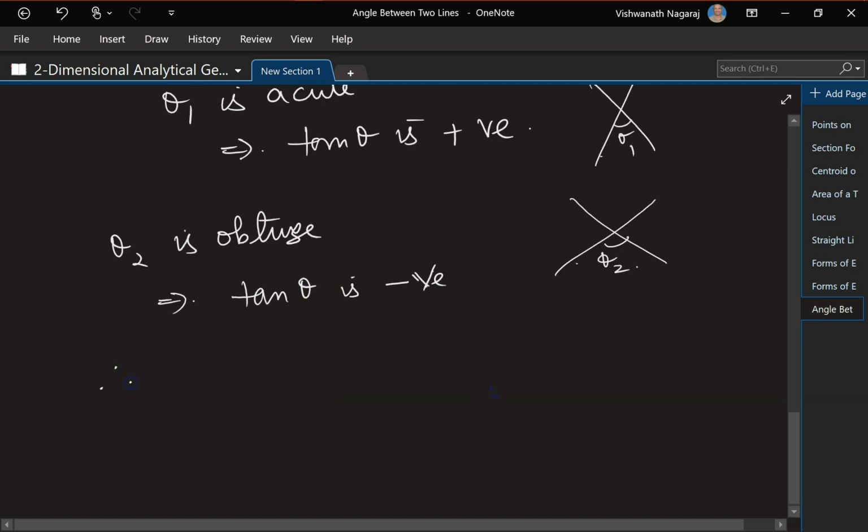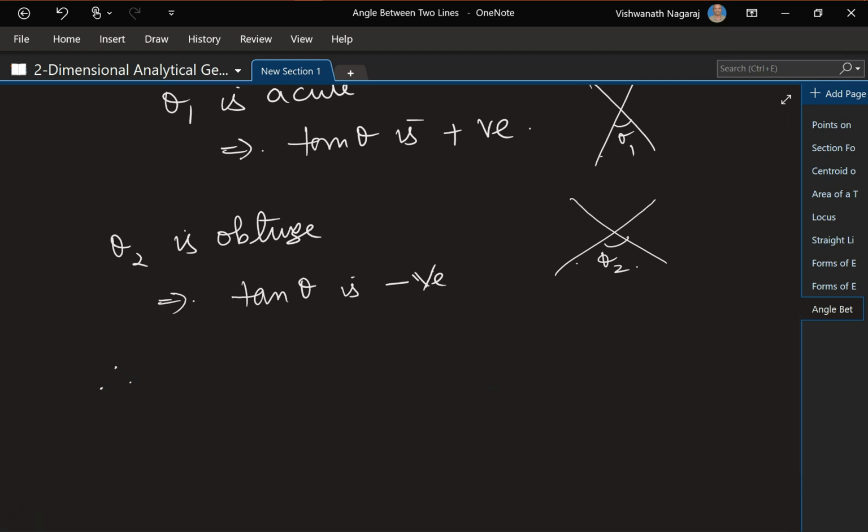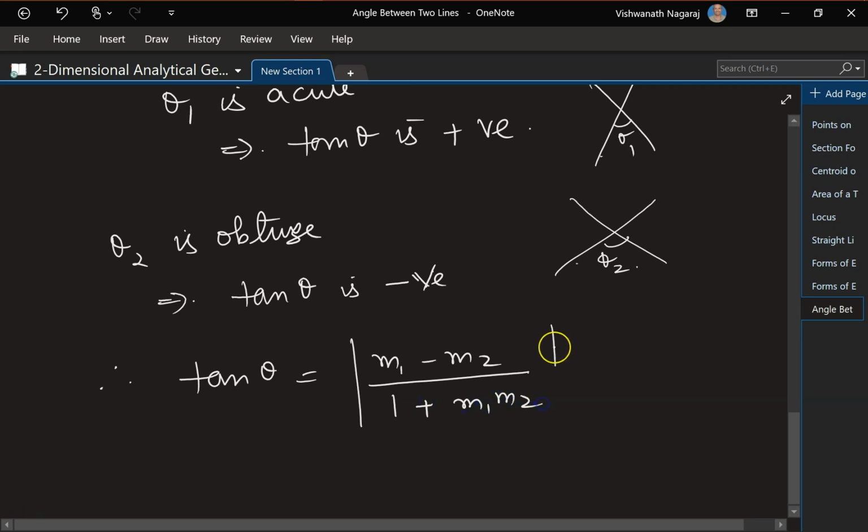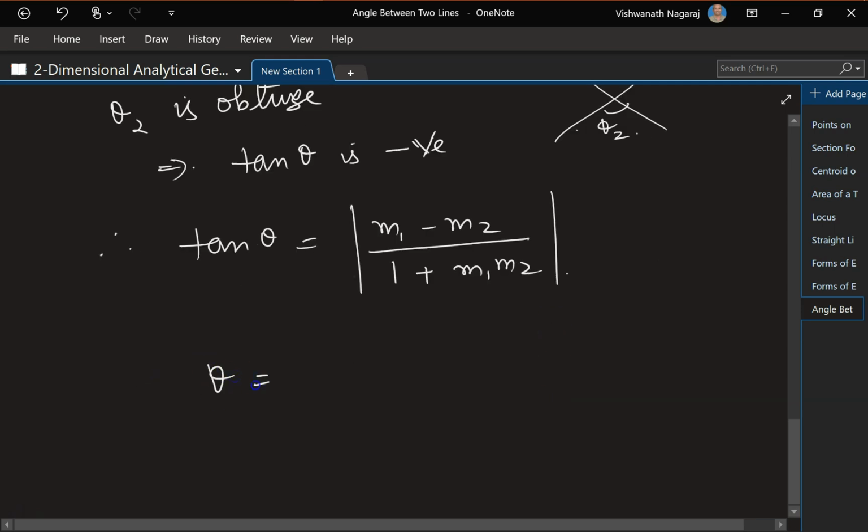Because we are interested in the angle and not in the direction of the angle, we take the absolute value. Therefore tan theta is equal to the absolute value of m1 minus m2 by 1 plus m1 m2, which means the angle theta is tan inverse of m1 minus m2 by 1 plus m1 m2.